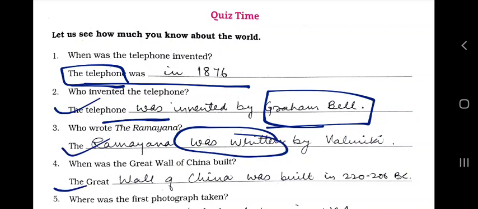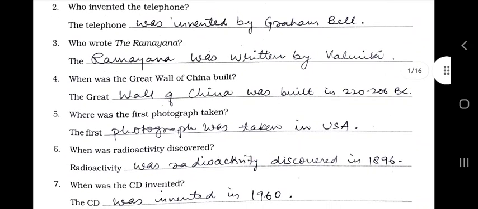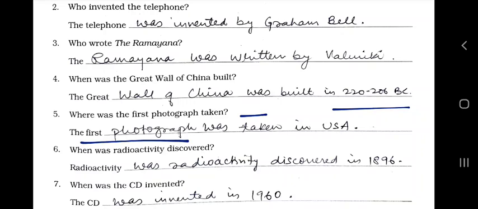So okay, let's do it. When was the Great Wall of China built? The Great Wall of China was built in 206 BC, before Christ. Where was the first photograph taken? The first photograph was taken in USA. Now, when was radioactivity discovered?